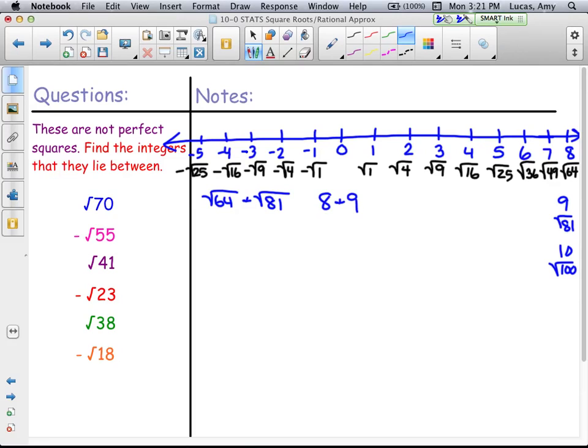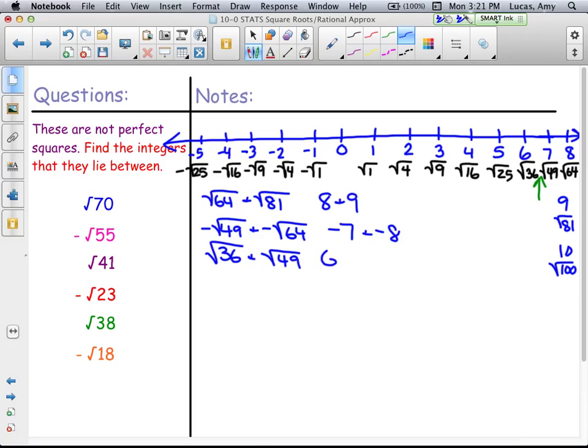The next one, negative square root of 55. 55 is between 49 and 64. So it's going to be between negative 7 and negative 8. 41 would be here between the square root of 36 and the square root of 49.